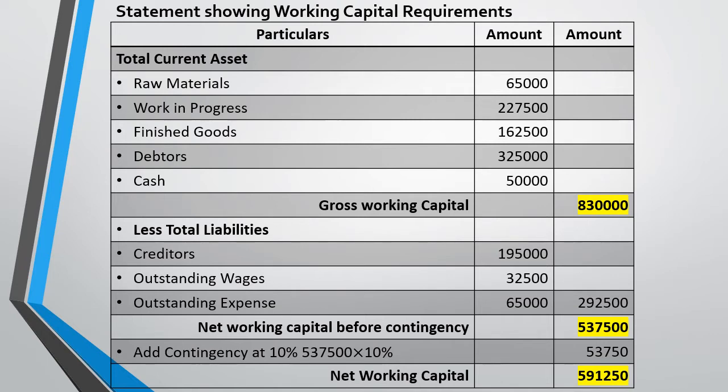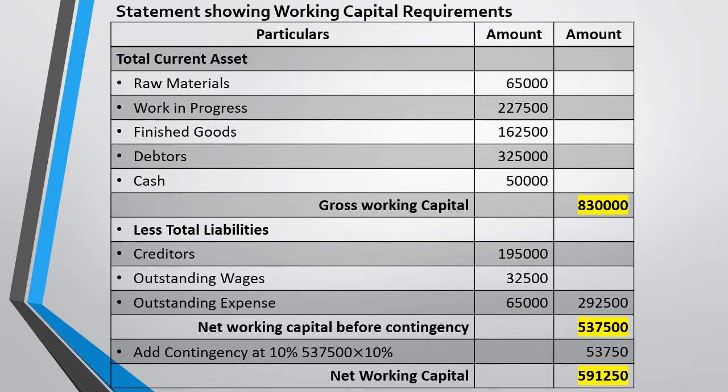From this gross working capital, if you deduct total liabilities, that is creditors 1,95,000, outstanding wages 32,500 and outstanding expenses 65,000, which were calculated previously, you'll be getting net working capital before contingency, that is 5,37,500.